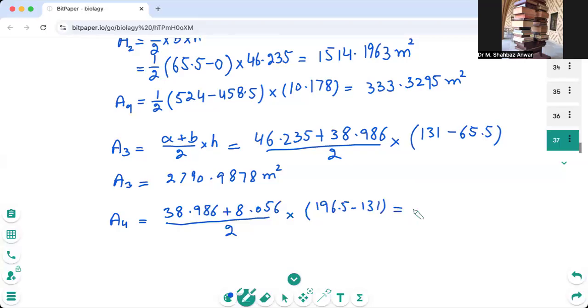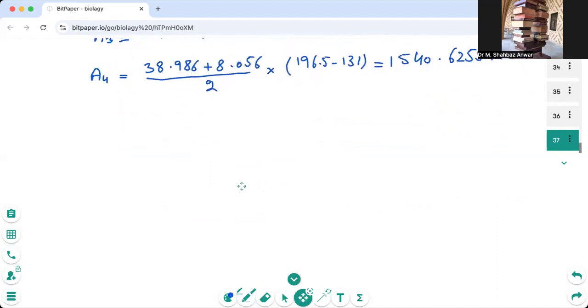So our calculator gives its value 1540.6255 meter square. Good.